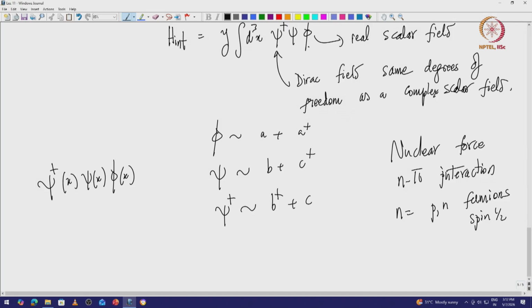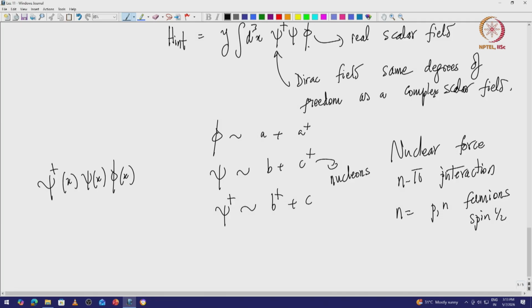A acting on a meson state annihilates the meson and simultaneously creates nucleons. These nucleons are created.